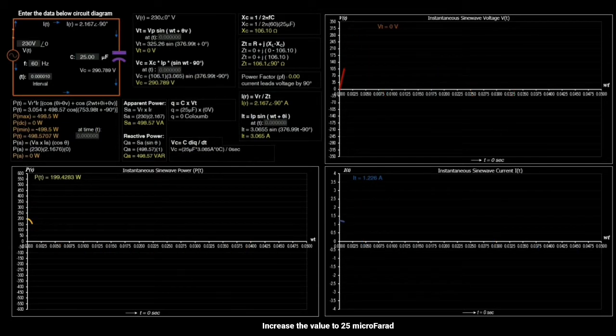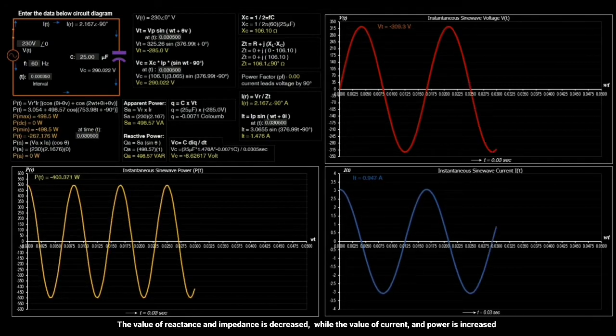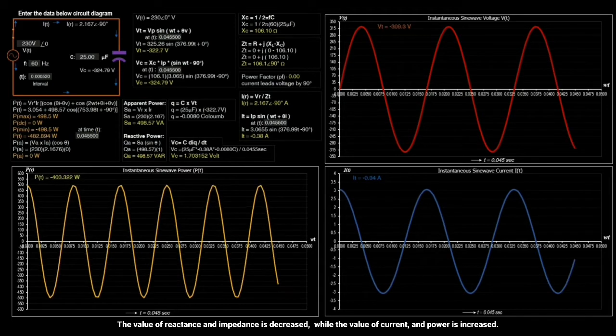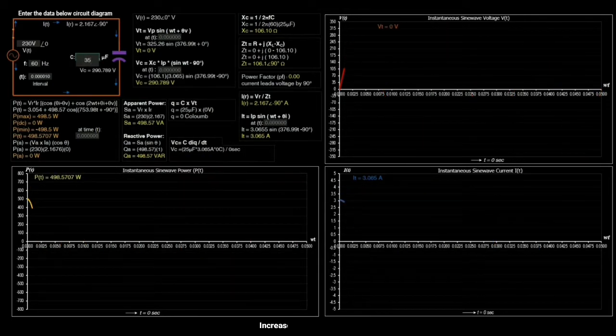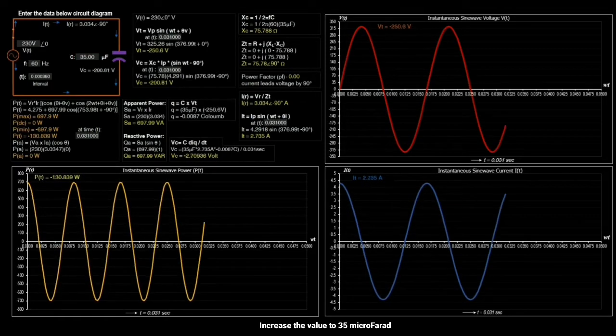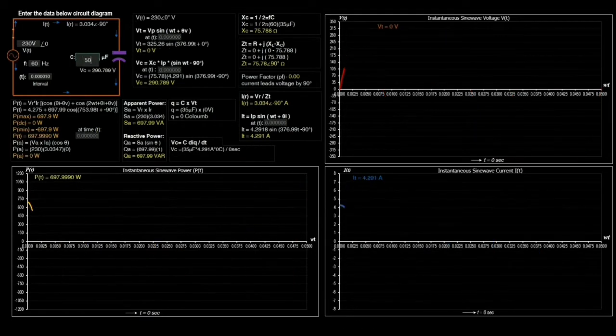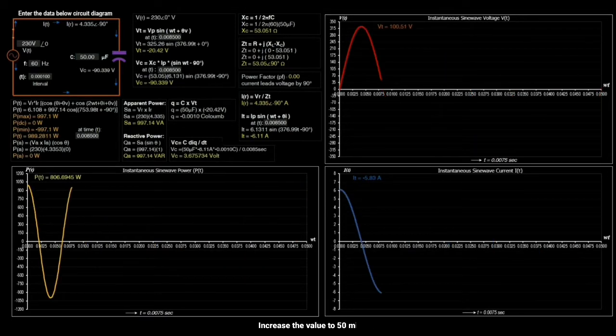Increase the value to 25 microfarad. The value of reactance and impedance is decreased, while the value of current and power is increased. Increase the value to 35 microfarad. Increase the value to 50 microfarad.